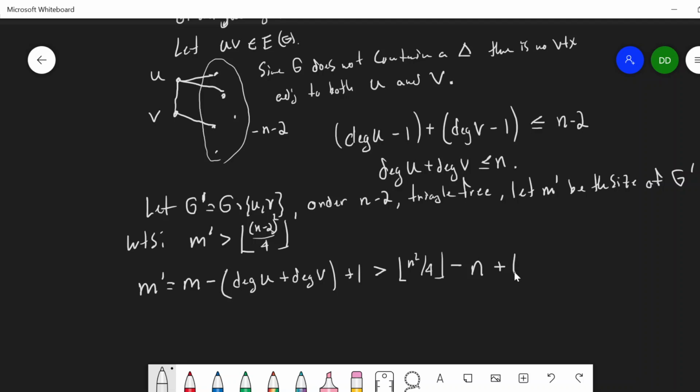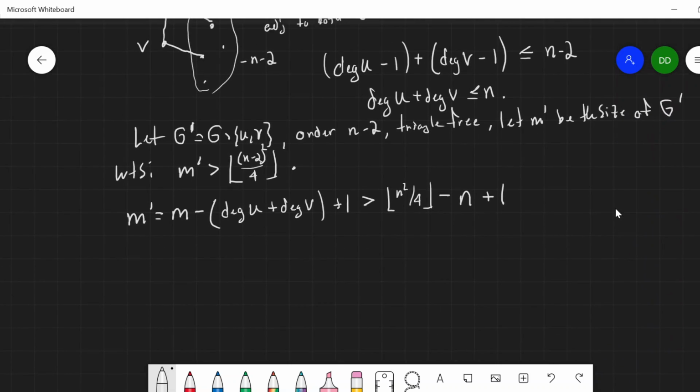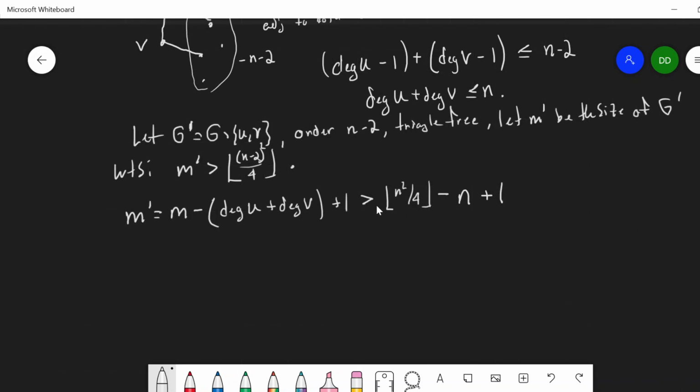So now we just need to play around a little bit and eventually get down to this claim. So let's see, how does that work? Well, if m prime's greater than the floor of n squared over 4, then it's certainly greater than n squared over 4.